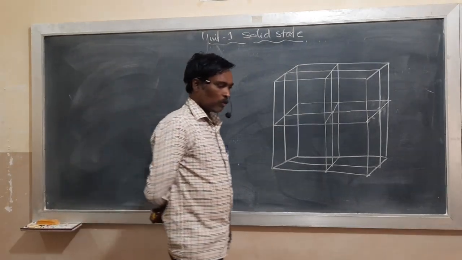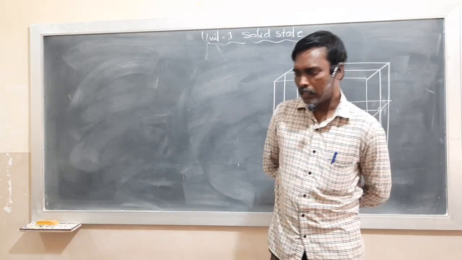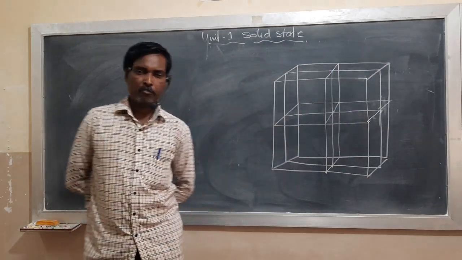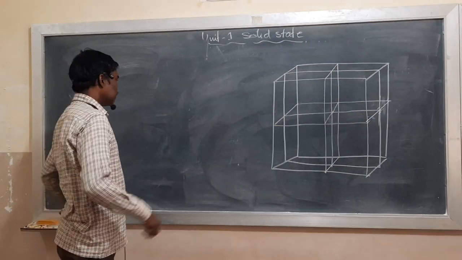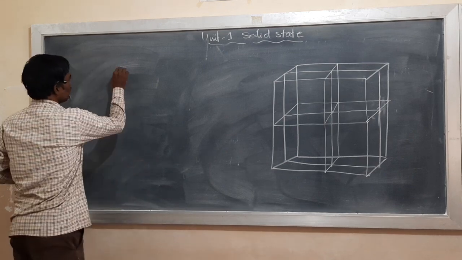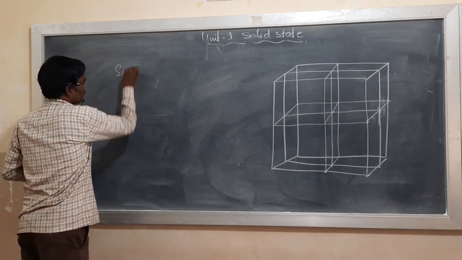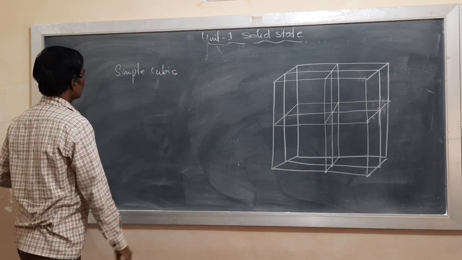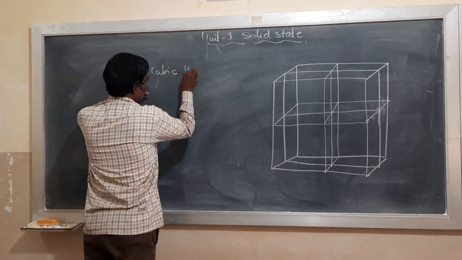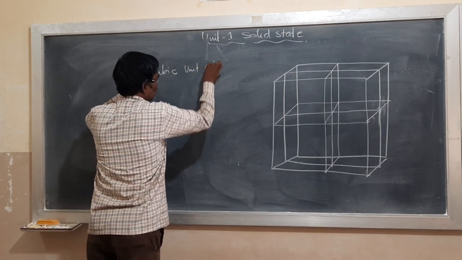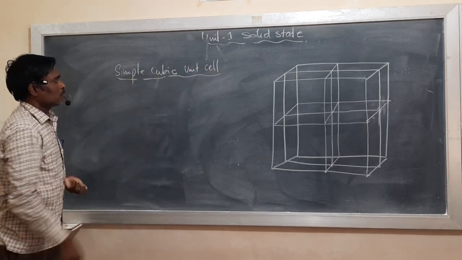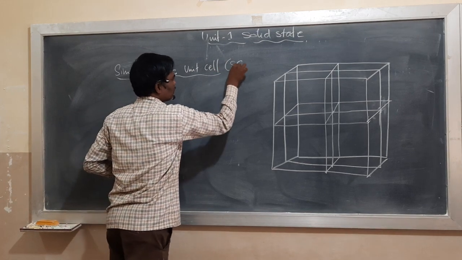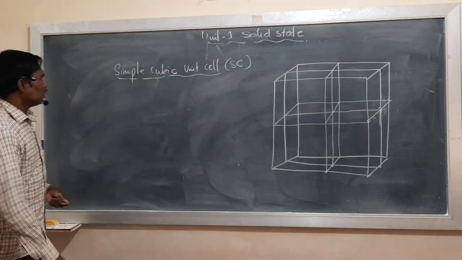Now, the lattice points and the total number of particles present in that unit cell are different. The lattice point in simple cubic unit cell is, let me write, simple cubic. Now we are calling that a simple cubic unit cell, or simply SCC unit cell, where SCC refers to simple cubic.